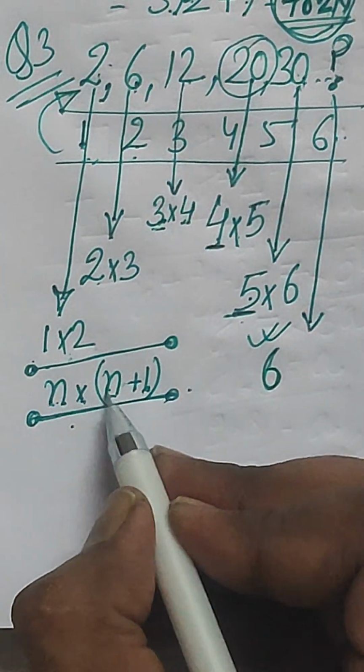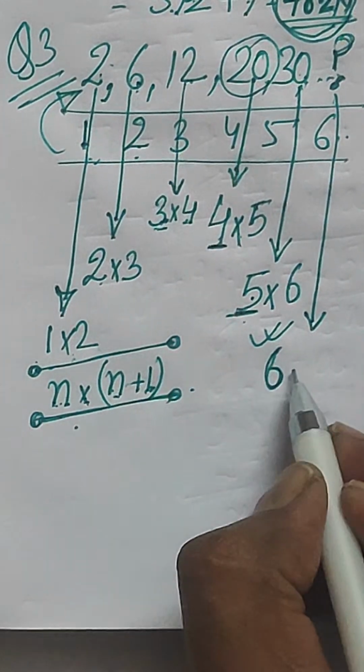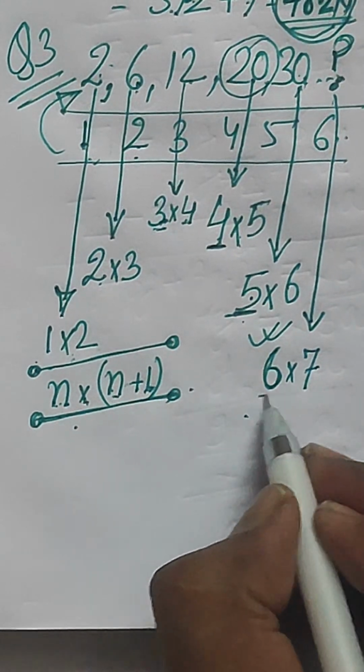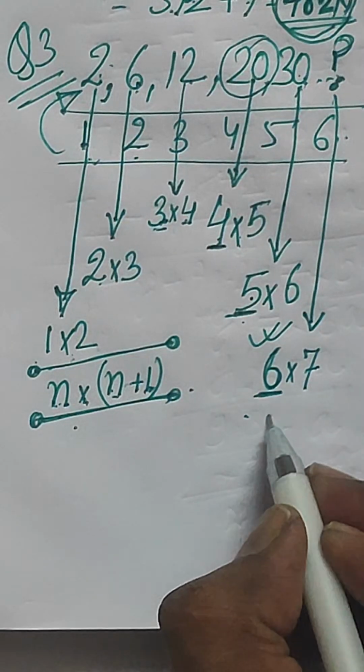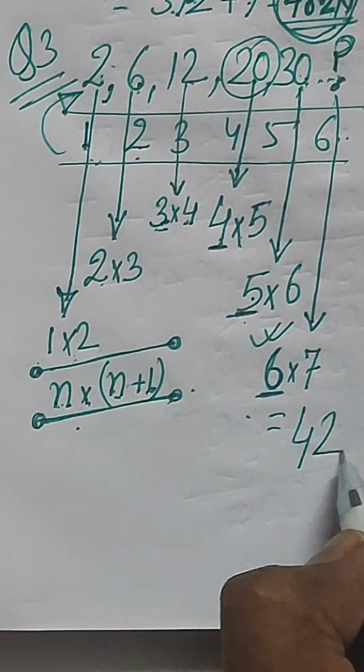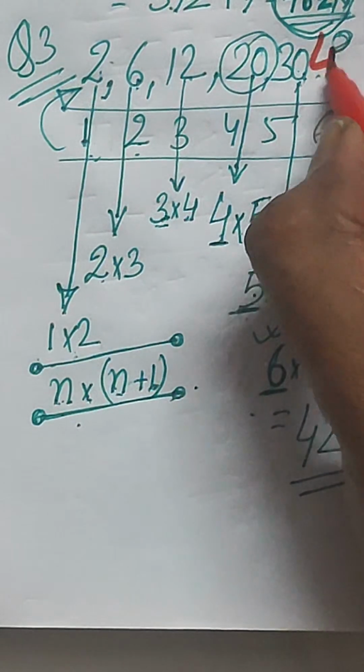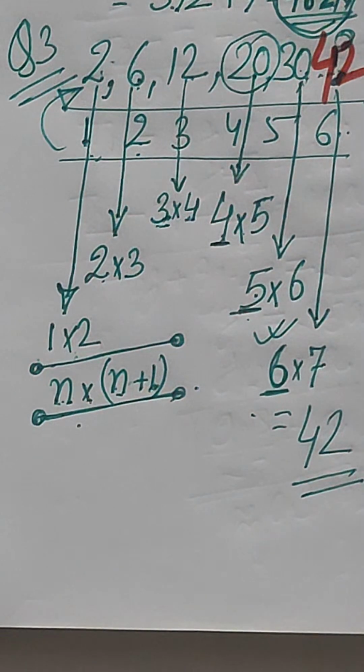So 6 into 6 plus 1, that is 6 into 7, right? So 6 into 7 will be coming as 42, right? So the number which will be coming at the missing place here is nothing but 42, right?